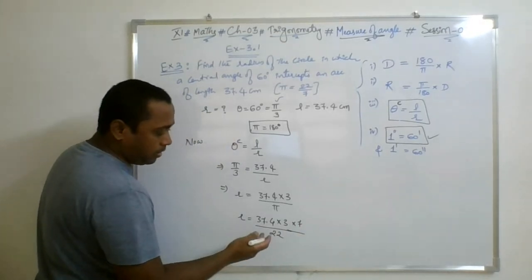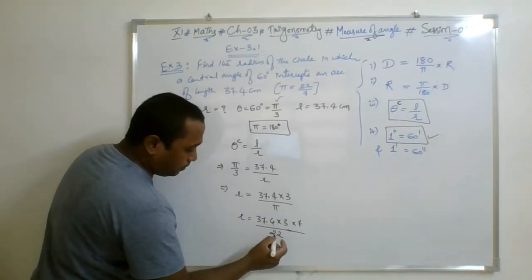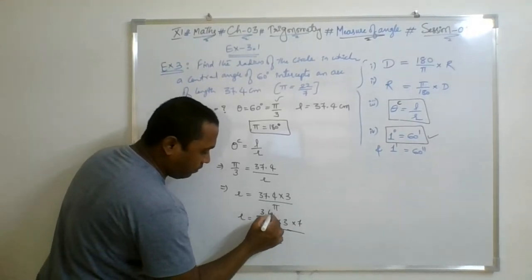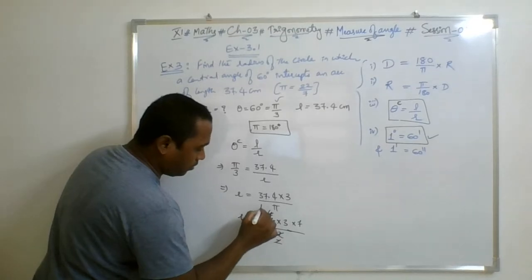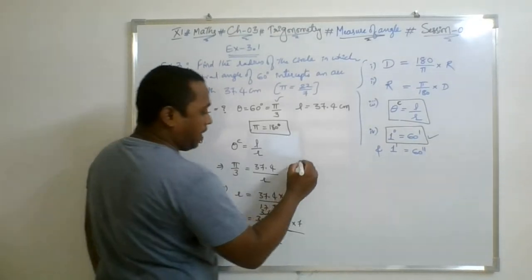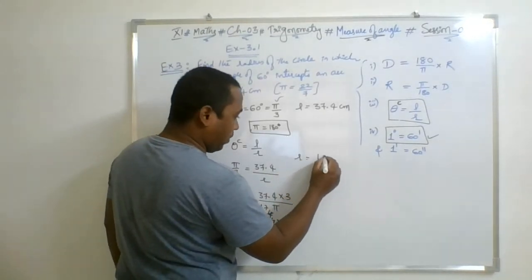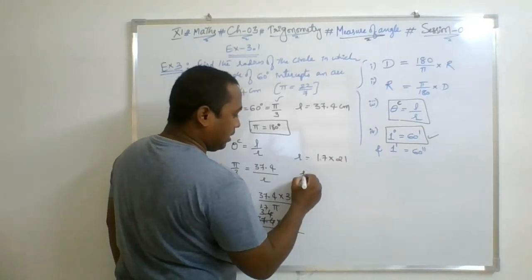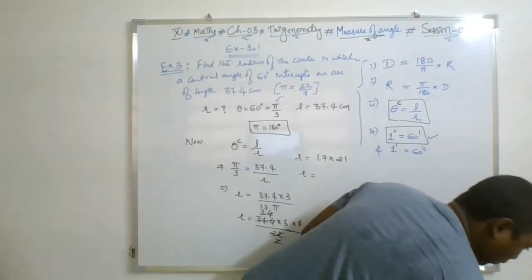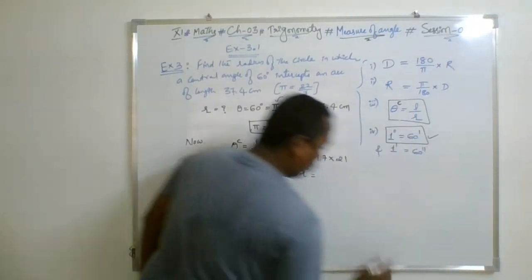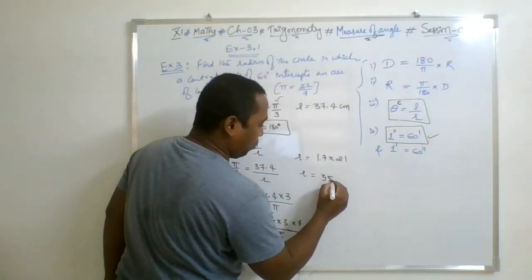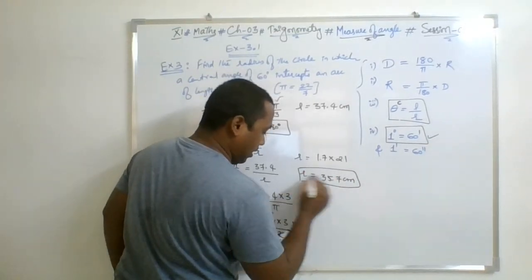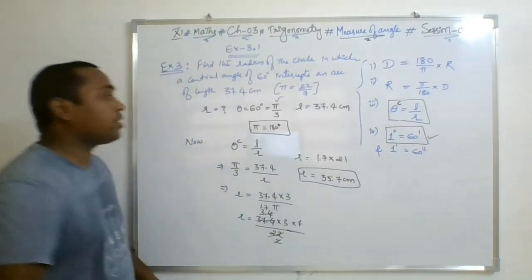So if possible, then cancel it out. See, 11 twos are 22, 11 threes are 33, and 11 fours are 44, 2 ones are to 1.7. So finally, R is equal to 1.7 into 7 threes are 21. Just by simplifying this value, you will get 35.7 centimeters. So you got the radius of the circle.